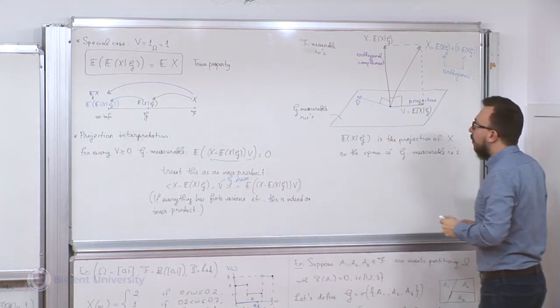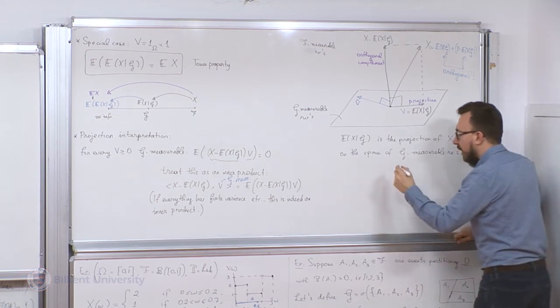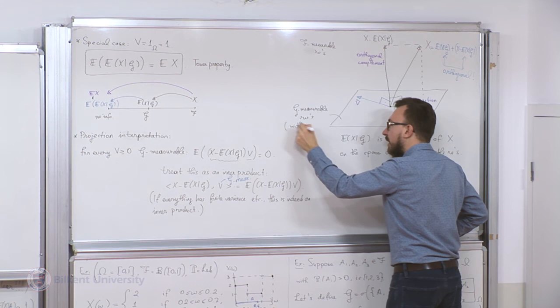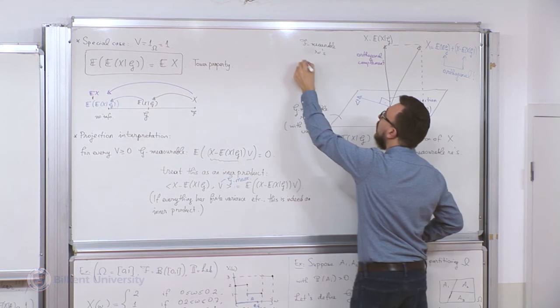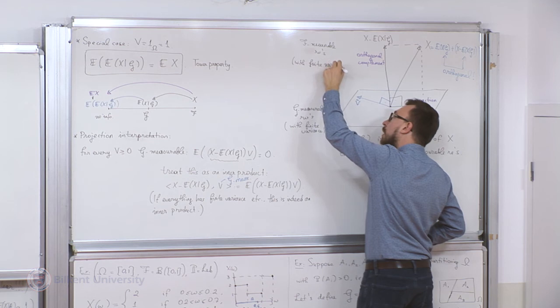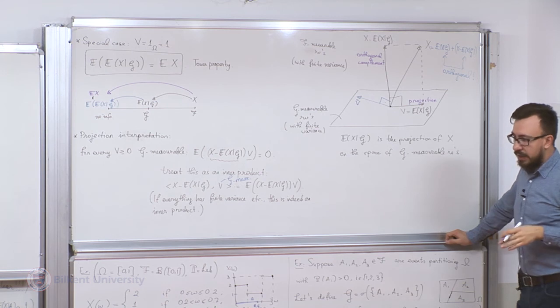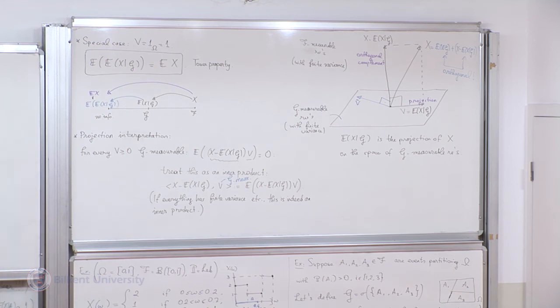But you can make it more precise if you make things square integrable, meaning that you can look at random variables with finite variance, and also here with finite variance. If you assume this finite variance condition, then things are well defined. This is indeed an inner product, etc., etc. Okay. Any questions so far?